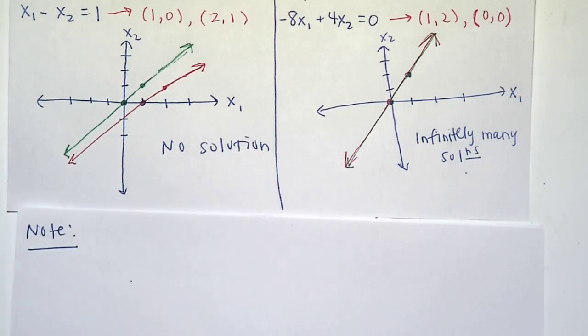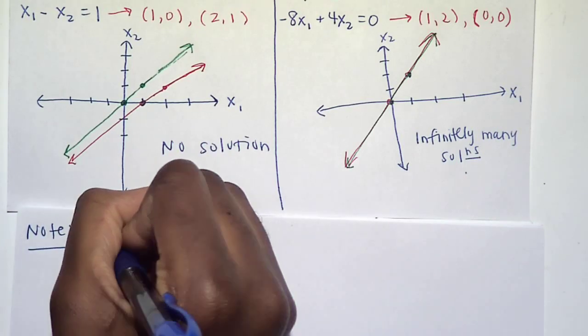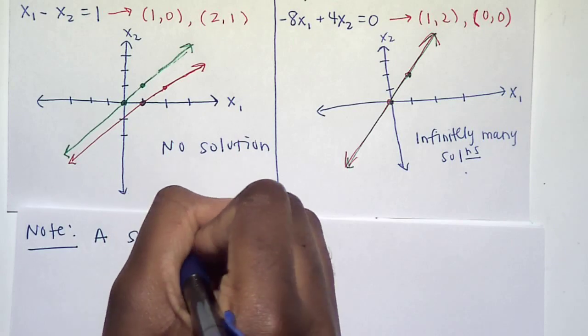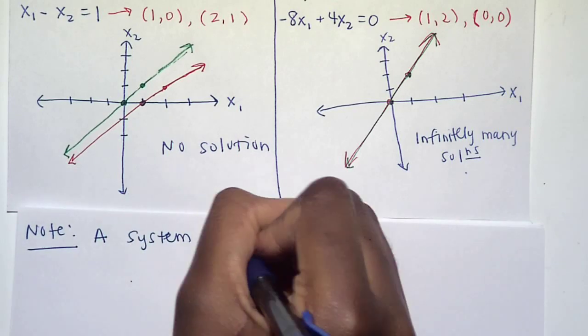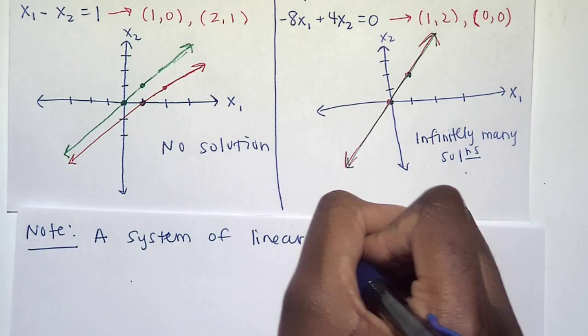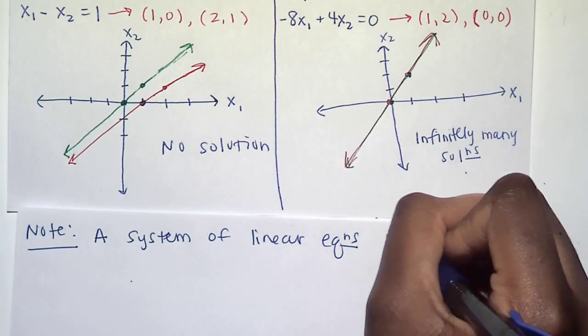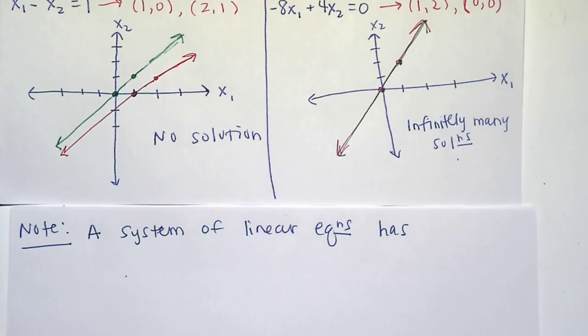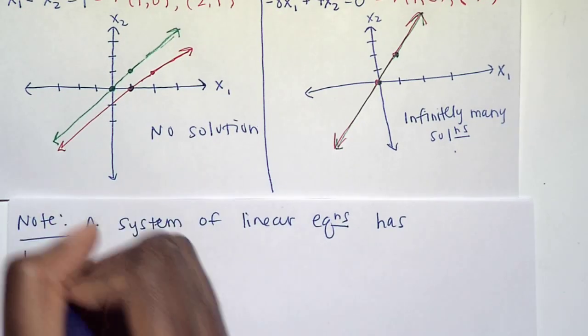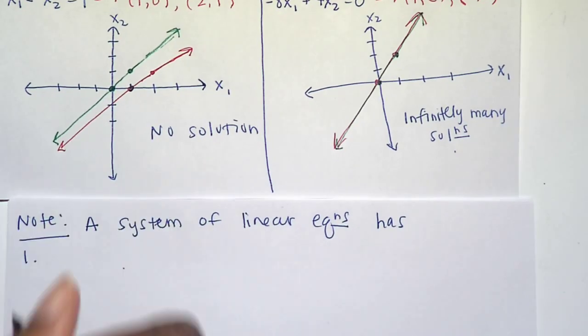All right, so here's our final note. A system of linear equations has, number 1, no solutions.